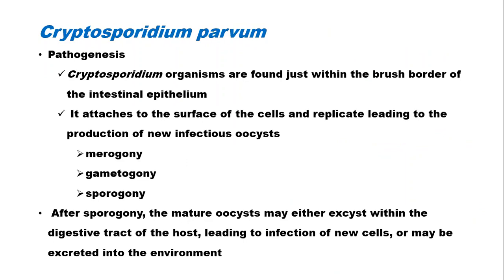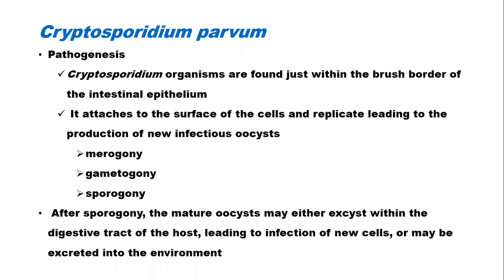So the different processes I mentioned in the last slides have names. Merogony refers to the process of forming the meronts. Gametogony leads to the formation of the zygote. And sporogony is what happens when the zygote eventually gives rise to the oocyst that contains the four sporozoites.